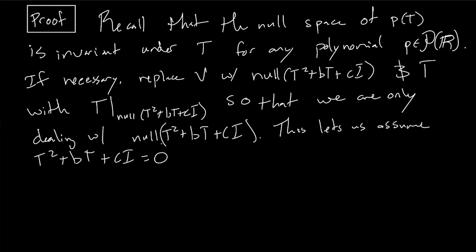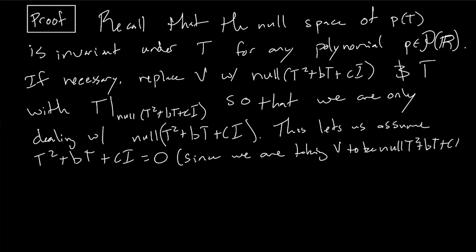The null space of T squared plus bT plus cI is all of the v's in V such that T squared plus bT plus cI applied to v is equal to 0, since we are taking V to be null(T squared plus bT plus cI), if it is not already. Okay, so it's the 0 operator.